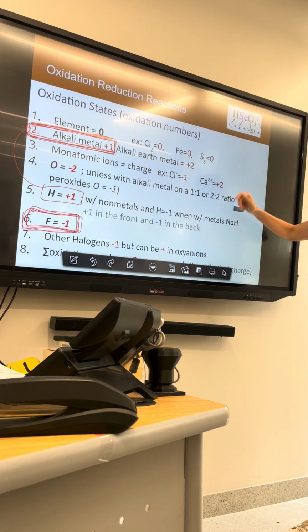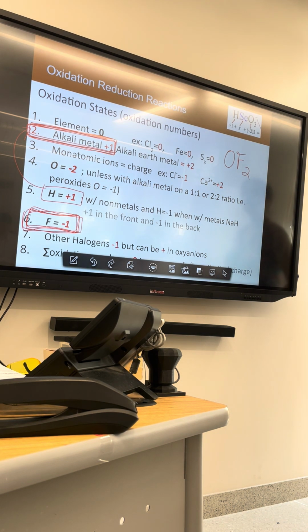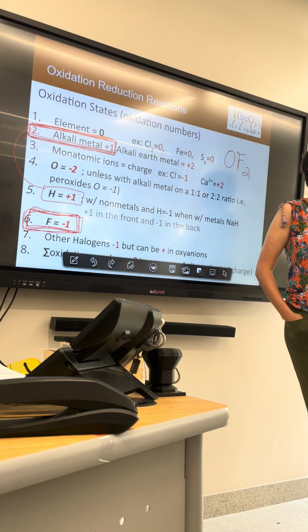What if I have this compound? What is the charge, Zach, of oxygen in that compound? Oxygen difluoride. +2. Isn't that crazy? That's what fluorine does to you.